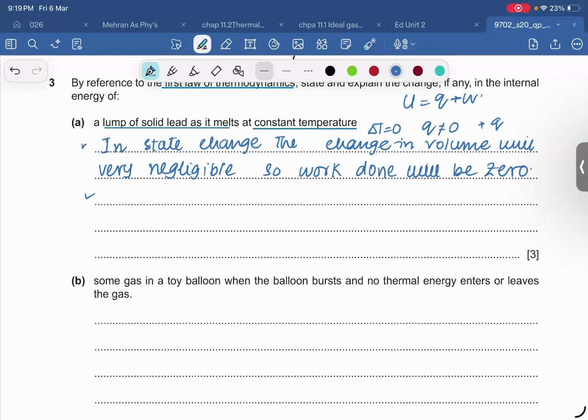Now the second point is that heat is consumed in bond breaking.